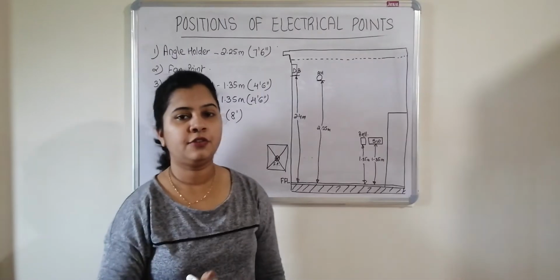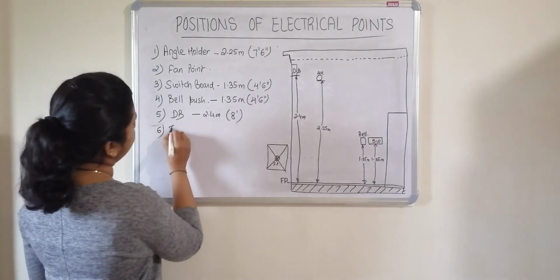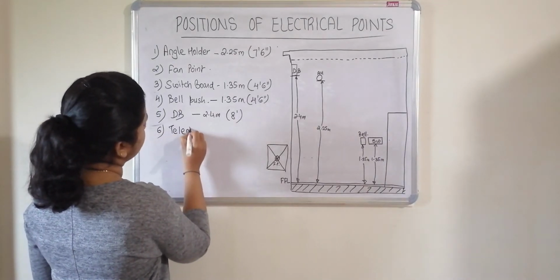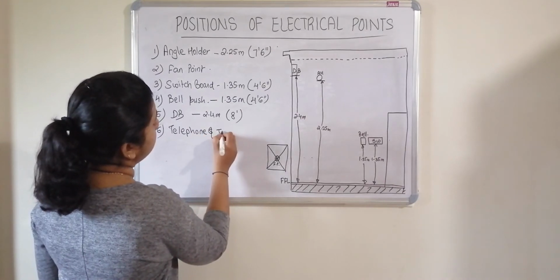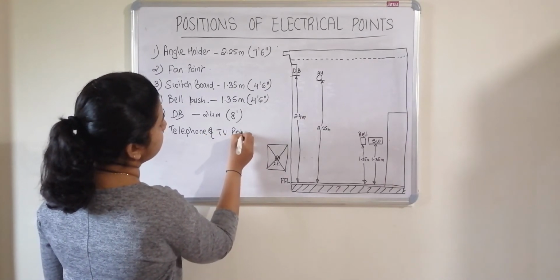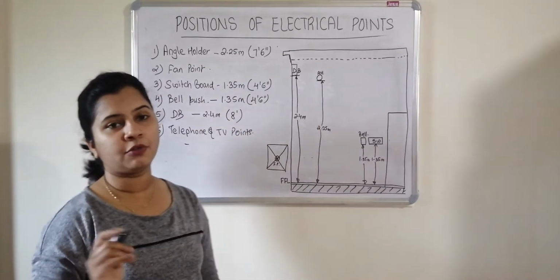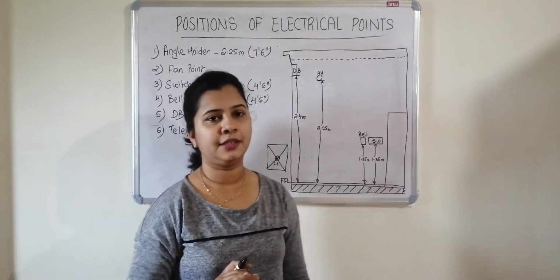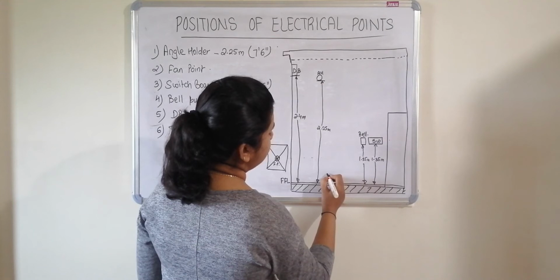Then next are your telephone and TV points. Now these telephone and TV points are provided at the height of 60 cm, that is 0.6 meter. It will be somewhere here.